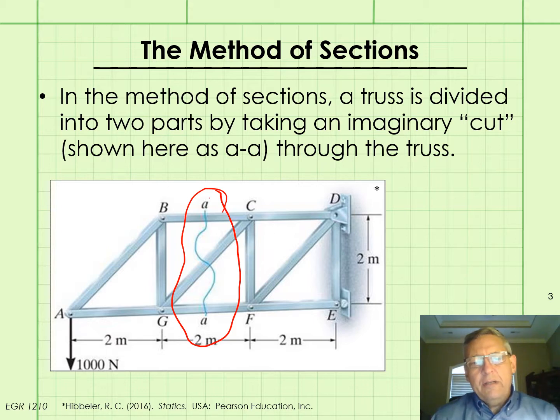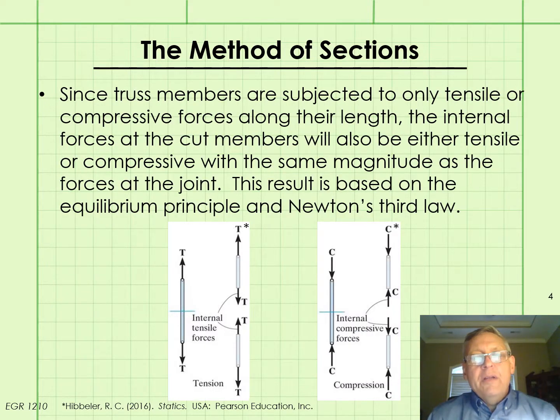We can't just cut BC and GC. We have to cut all the way through the truss. We've already established that truss members are either in tension or compression, unless they happen to be a zero force member, and that those tensile and compressive forces act along their length.